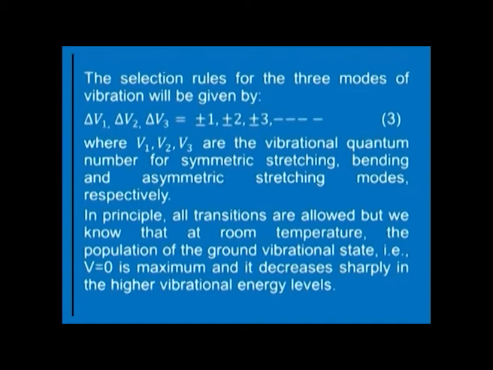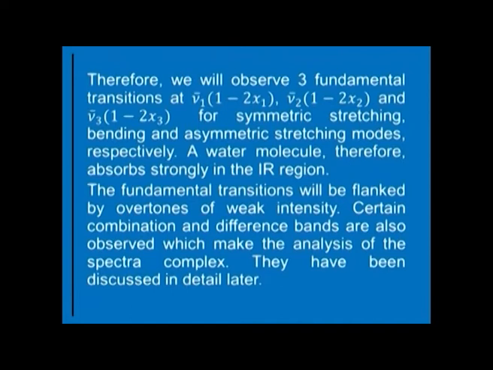We see that in principle all transitions are allowed, but we know that at room temperature the population of the ground vibrational state corresponding to V equals 0 is maximum and it decreases sharply with the increase in the vibrational energy level. Therefore, we will observe three fundamental transitions at nu1 bar (1 minus 2x1), nu2 bar (1 minus 2x2) and nu3 bar (1 minus 2x3) for the symmetric stretching, bending and the asymmetric stretching modes respectively.